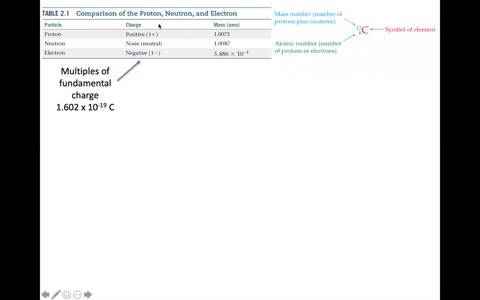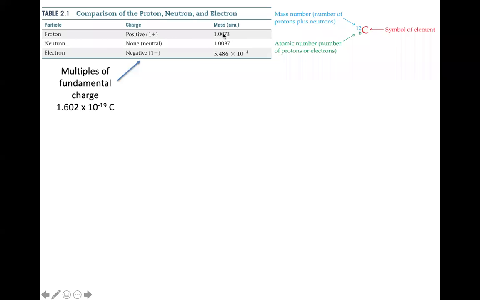When I talk about the charge, remember the smallest amount of charge that we have is 1.602 times 10 to the minus 19 coulombs. You don't need to know that specific value, but if you recall, that was what Robert Millikan found as the smallest step size that he would have in his oil drop experiment to explain the total amount of charge that was on different drops. So when I see +1 or -1, it's referring to different amounts in that increment.